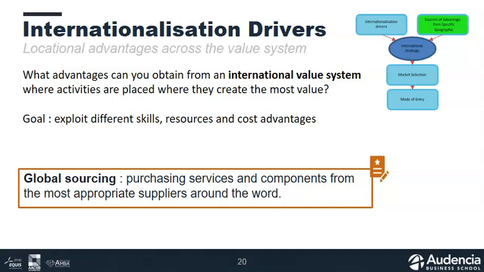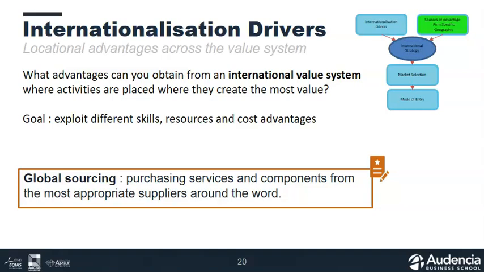Global sourcing is a way to create an international value system. Many companies today are very international, and if you have, for example, an after-sales service office or a call center, sometimes these call centers are not in the home country. You're going to globally source that service to the people that do it best at the best cost.